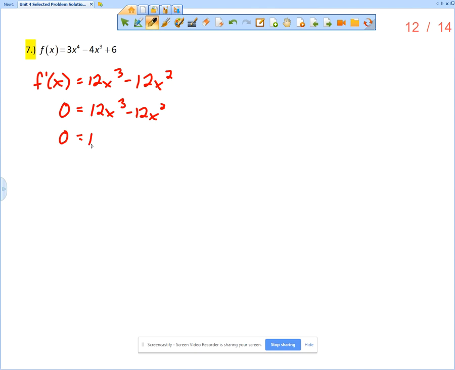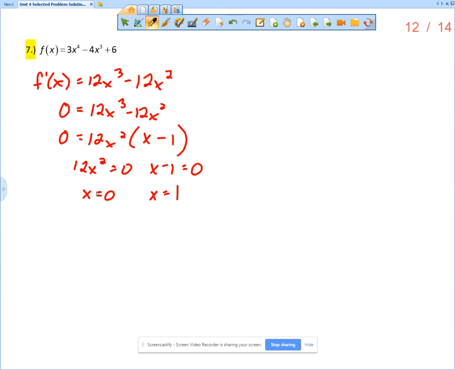I'm going to factor out a 12x squared, which leaves me with x minus 1. So I set 12x squared equals 0 and x minus 1 equals 0. If I divide by 12 and square root, I get x equals 0. Here I add 1, and I get x equals 1. Not x equals 0, sorry, x equals 1.